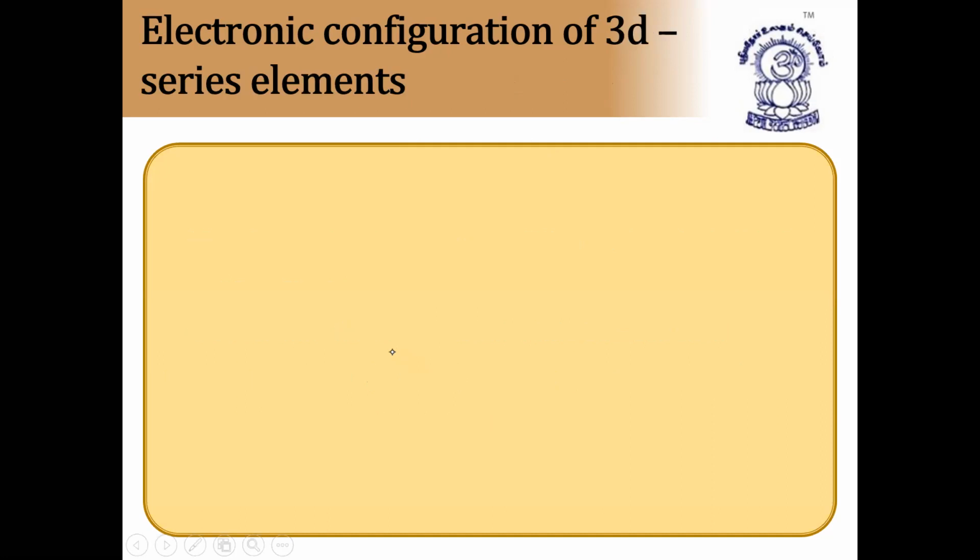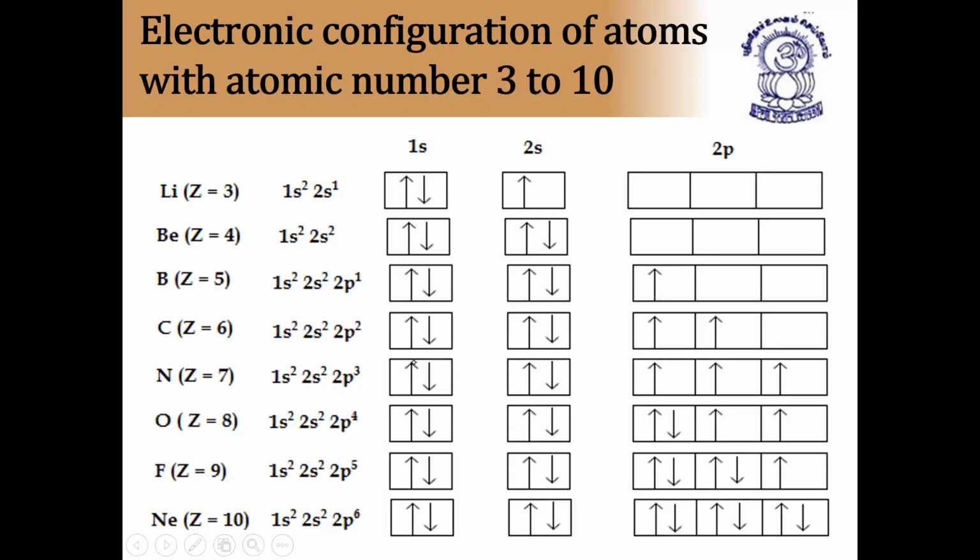Before going further, one more topic I want to discuss. If you see 2p1, there is no pairing, only one electron, with a spin quantum number of plus half. For 2p2, 2 electrons, and 2p3, 1, 2, 3, then it starts pairing. We cannot write 2 electrons in the first orbital itself; that is wrong.